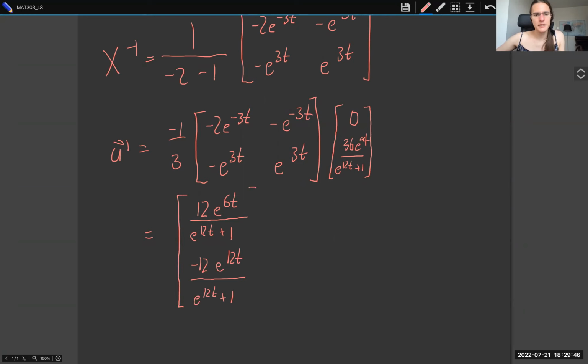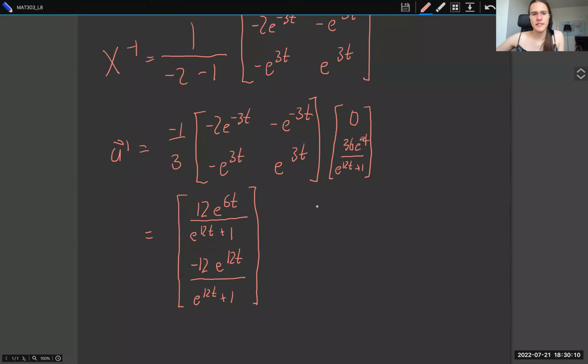Does that make sense to everyone? So remember, we're calculating this entry as this times this. Well, there's a 0 here, so it's just the second thing. And the other entry is calculated as this times this, so it's just this times that. And then bringing in the -1/3 gives us that.